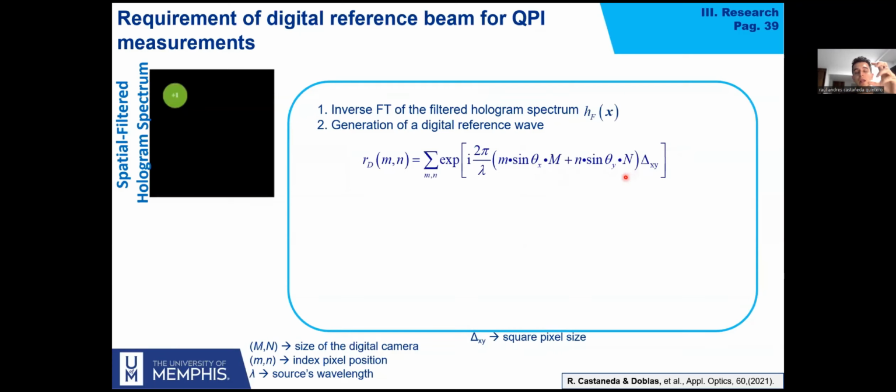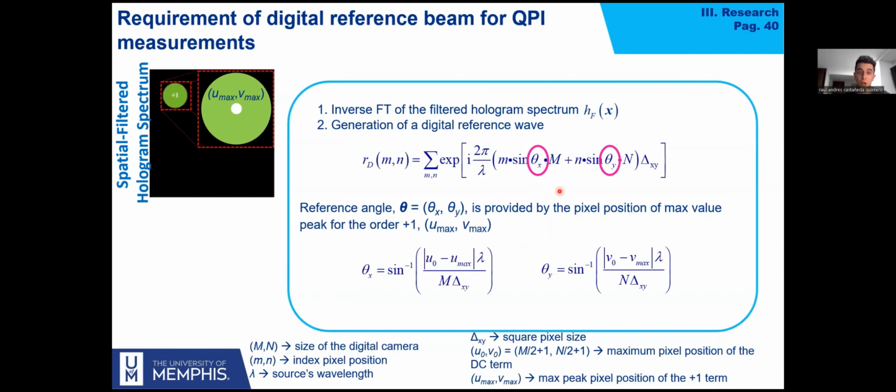Theta x and theta y are the angles that are used to record the hologram between the reference beam and the object beam, right? The other terms are straightforward to compute, but theta x and theta y definitely not. So the only parameters to be estimated in the reference wave, sorry, are the interference angles.